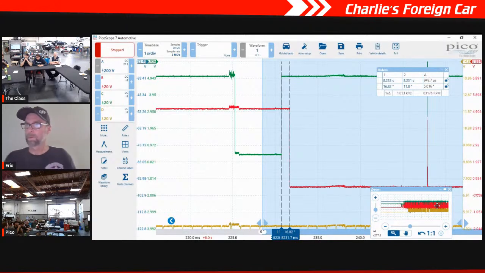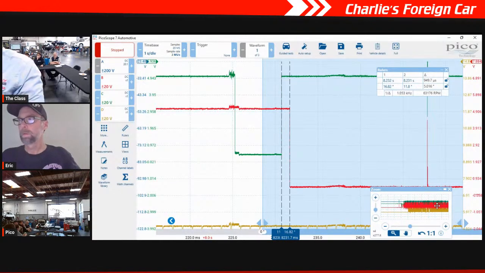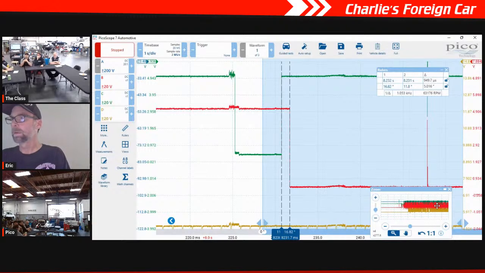Now we could see which one is grounding on the exhaust side, and we could ground it with the power probe. I don't know, it's not going to tell us anything. You can look at the live data while you're doing that. Oh yeah, we could look at the live data while we do that.